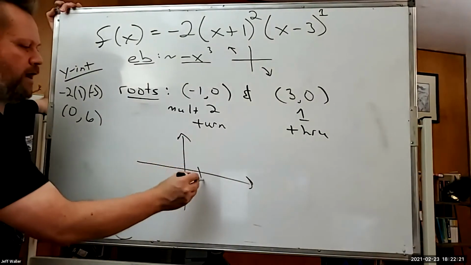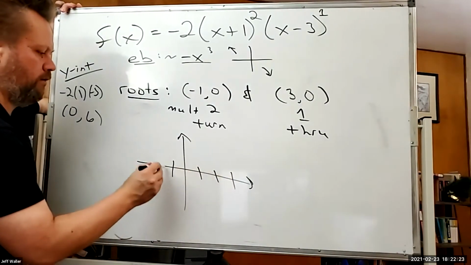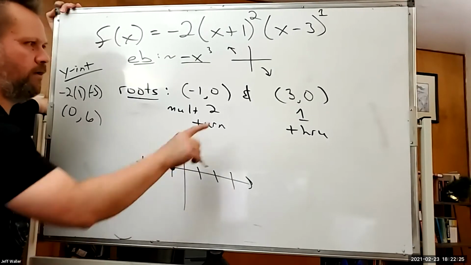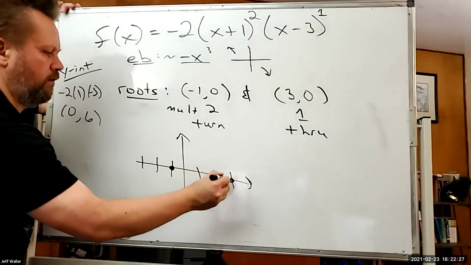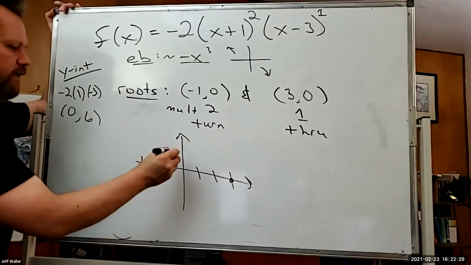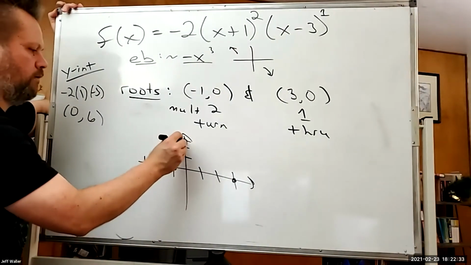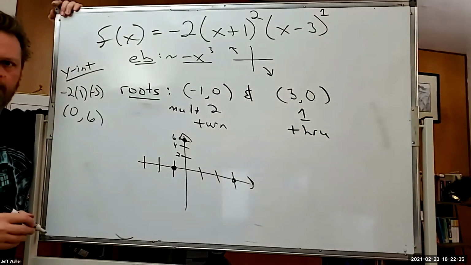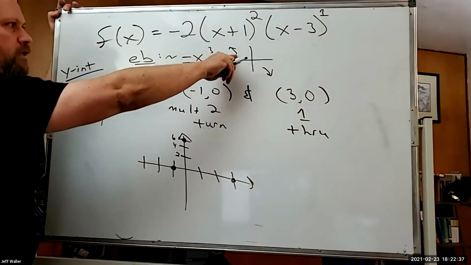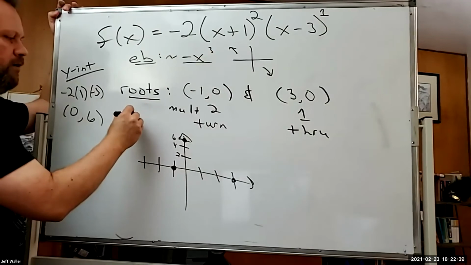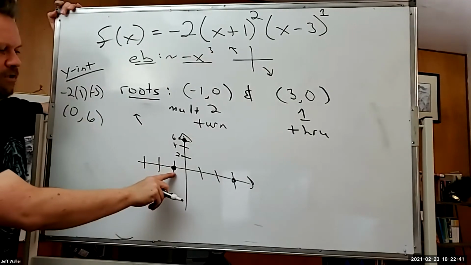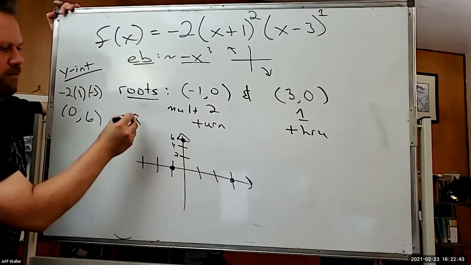So now you can graph -1, 0 and 3, 0. I know I've got to go up to 6, so let's make it 2, 4, 6. My end behavior tells me where to start, so I have to start up here. What's it going to do at -1? It's going to turn.